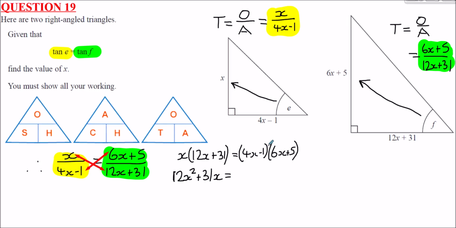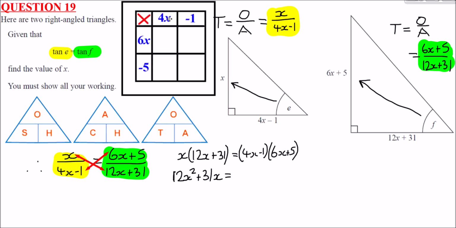But this here we need to expand two brackets, so I'm going to suggest we do it with the box method. We've got 4x minus 1 multiplied by 6x plus 5, and I need to correct that, it should be a plus 5. There are other methods, FOIL for example, but I prefer this method. So 4 times 6 is 24, x times x is x squared, so 24x squared. This box is 6x multiplied by minus 1, that gives minus 6x.